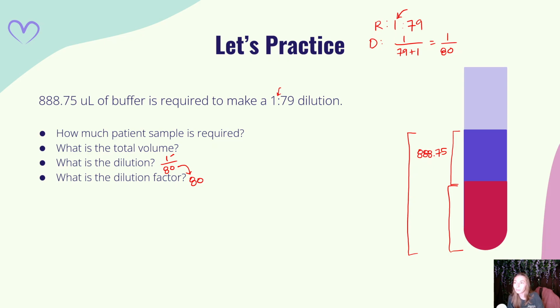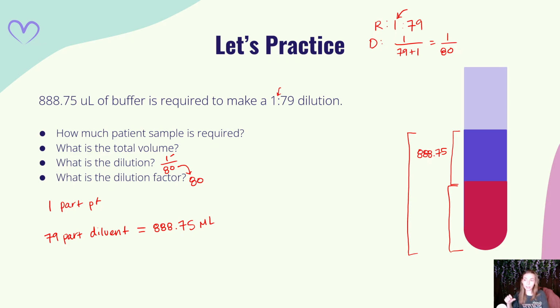All that we need to remember is that we have 1 part patient, and we have 79 parts diluent. We know that 79 parts equals 888.75 microliters.